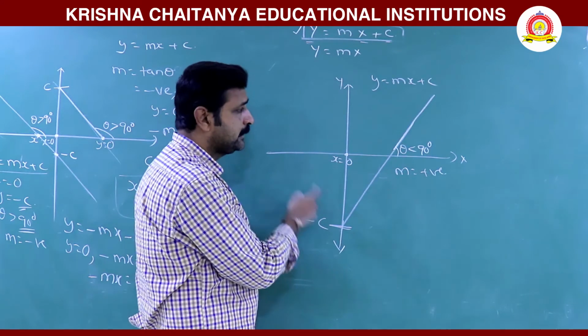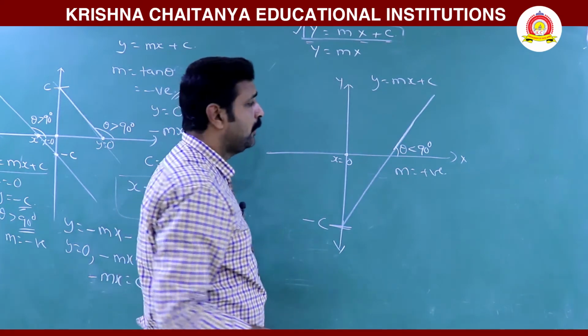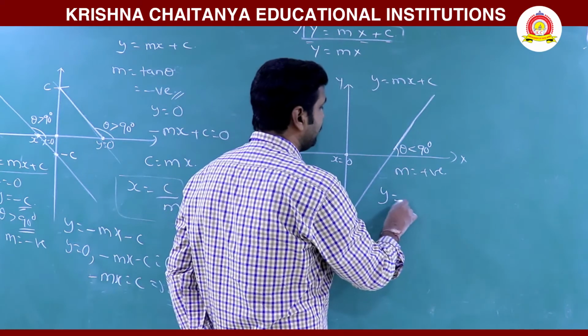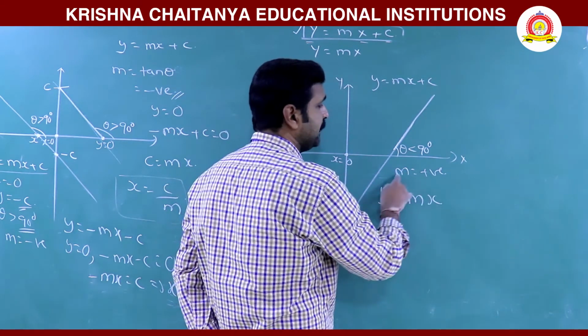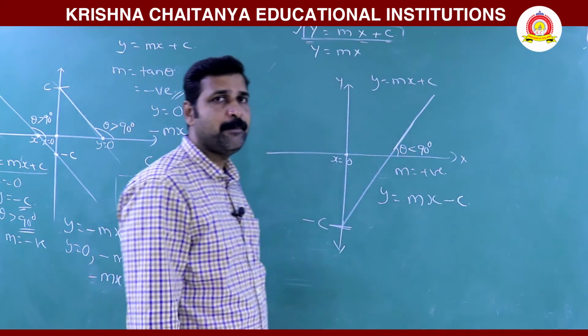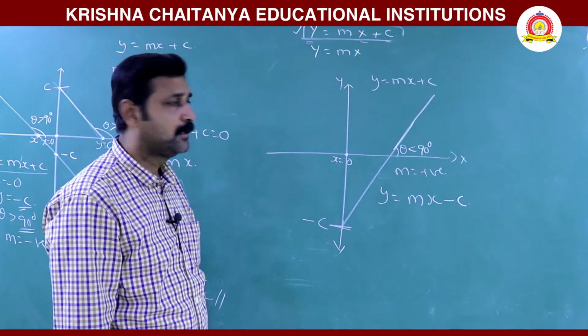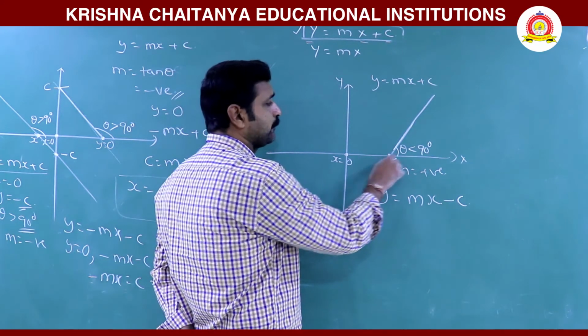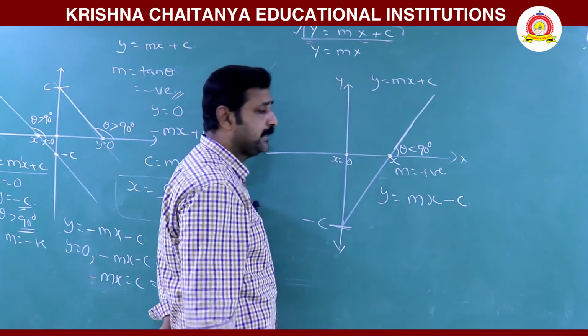So this is minus c. Now m is positive, so you can write the expression as mx minus c. Now you have the x-intercept positive. It is on the positive x-axis.